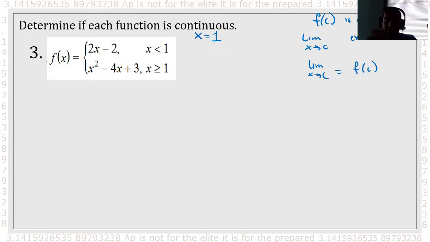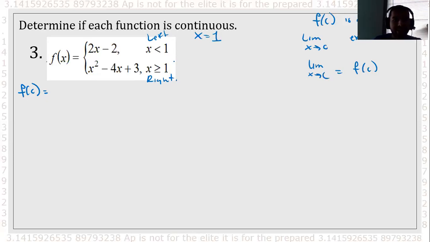I'll let you go ahead and try it first. I want to find f of c. Consider that this right here, when x is less than 1, is my left, and when x is greater than 1, this is my right.